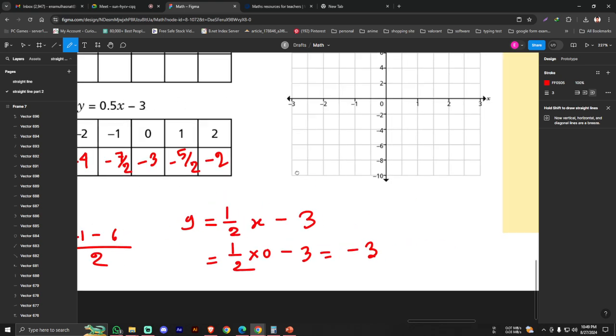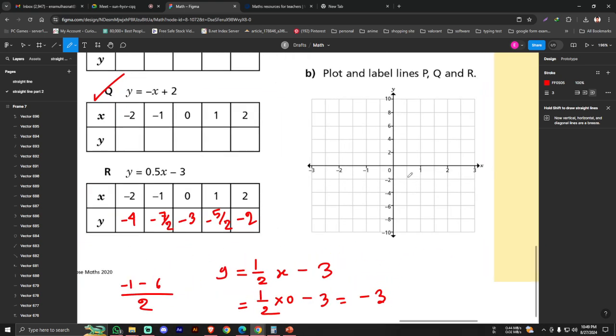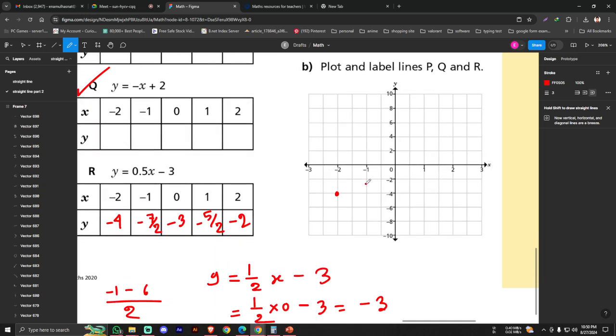Now if you place this on the graph, how will we place it? We just need to find the coordinates. So minus 2, then minus 4, that means here, right? Minus 1 and minus 7 by 2 means minus 2.5, so minus 1 here, and minus 2.5 is somewhere like here.